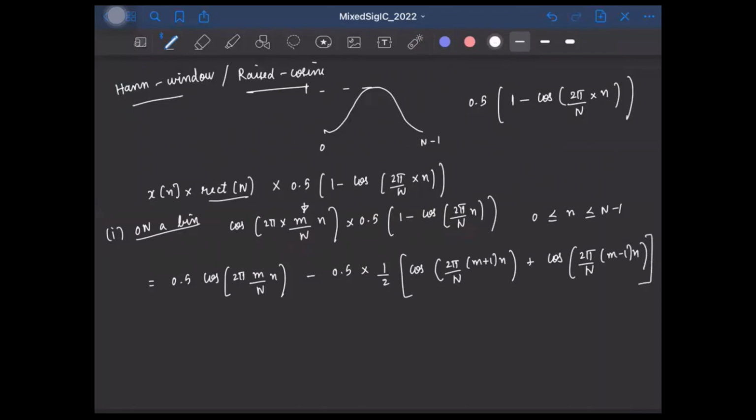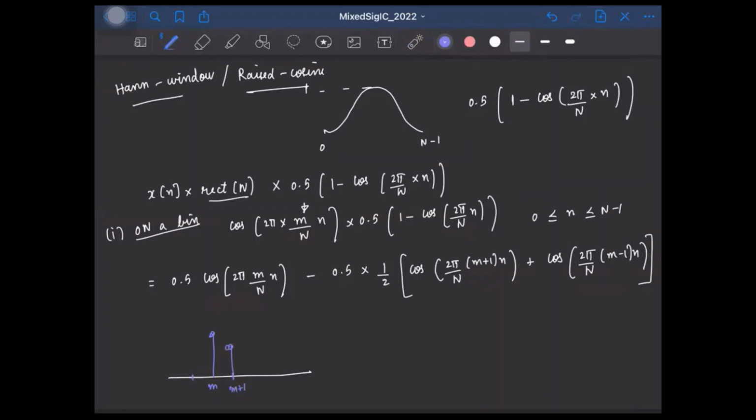Okay, so what will happen if you take this spectrum? Well, now instead of having one sinusoid, we have 3 sinusoids, right? So the spectrum will have discrete-time impulses at the mth bin. That corresponds to the input sinusoid. We also have a sinusoid at a frequency m plus 1 times 2 pi by N. So even at m plus 1, we'll have an impulse.